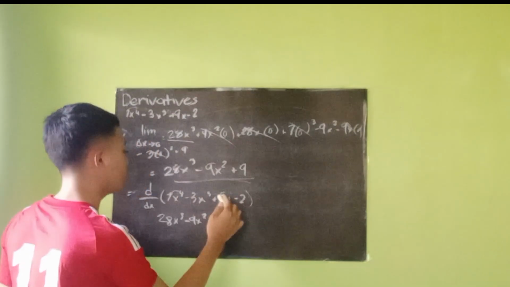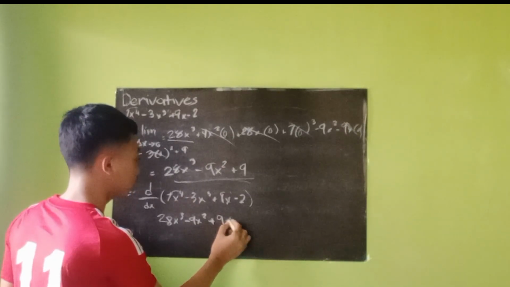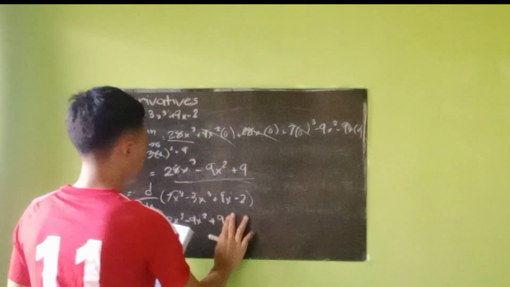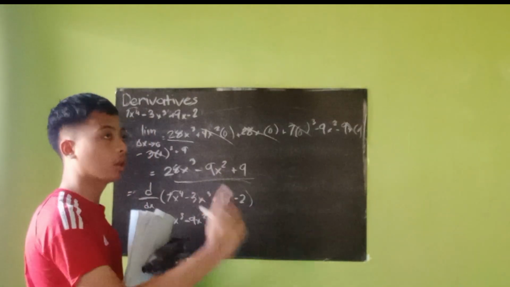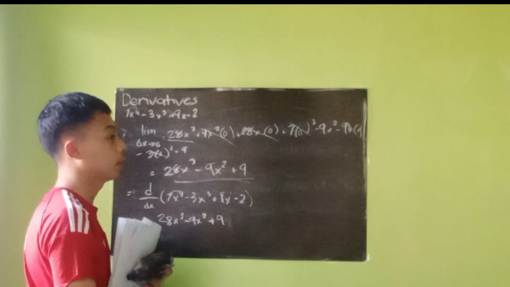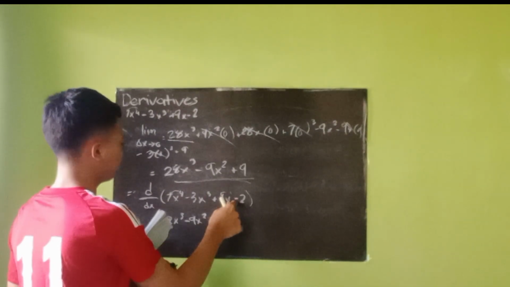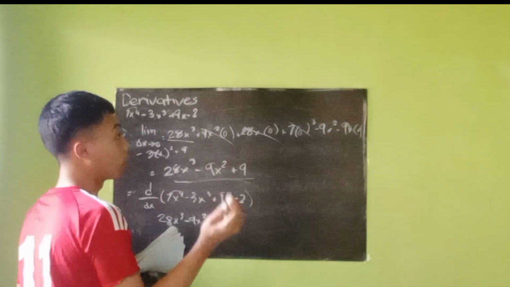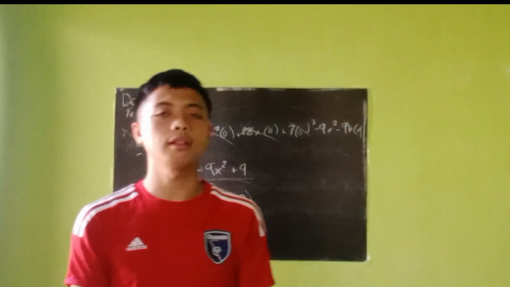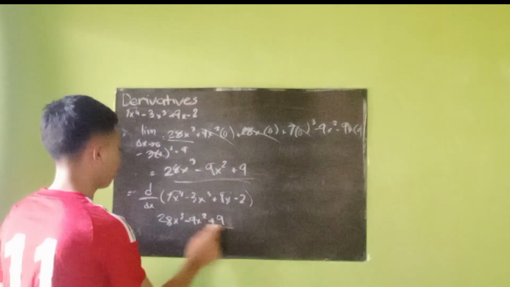Then 1 minus 1 is 0, which also makes x be removed or cancelled out. And then your derivative of negative 2 is 0, which is stated with the constant rule of the derivative. Then there's your final answer.